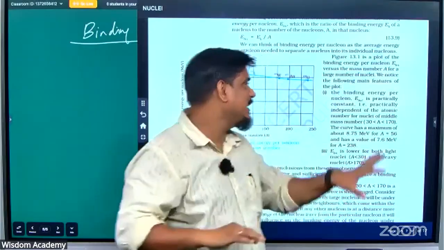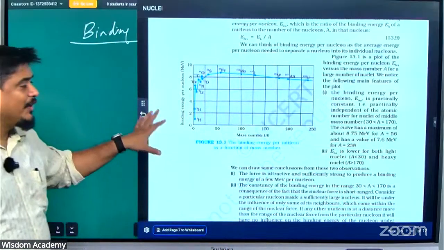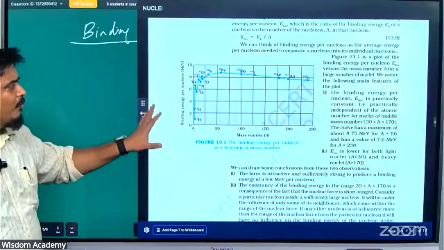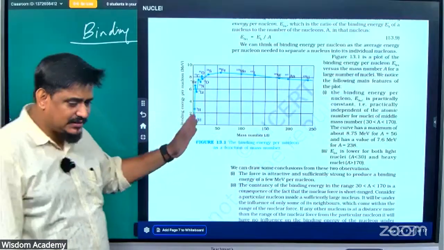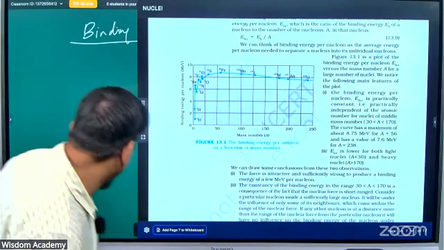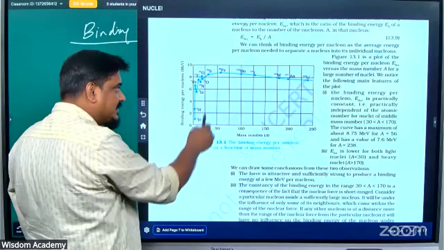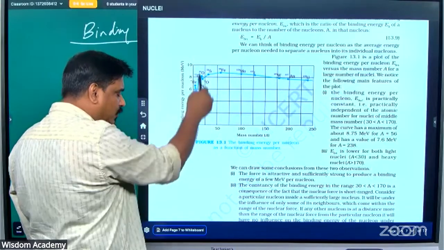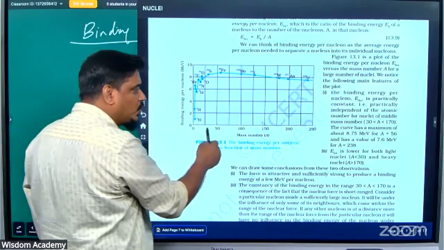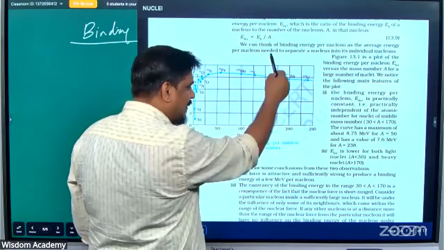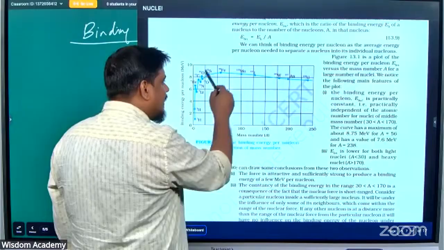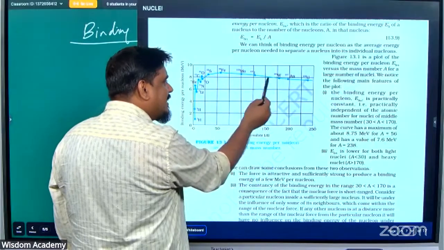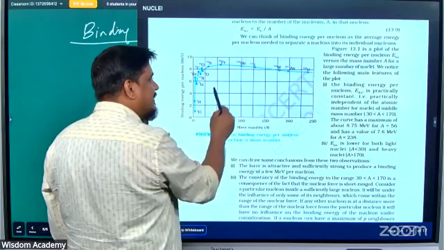Now, if you see here, you will realize that most of the elements show great stability. Approximately from a mass number of 30 to 170, the value of BEN is above 8.